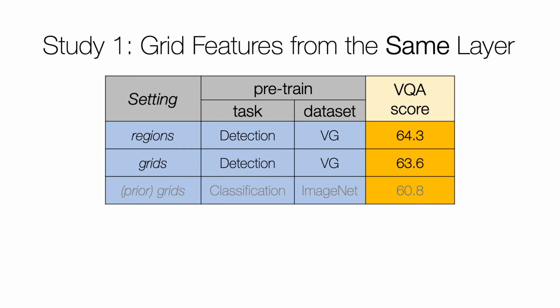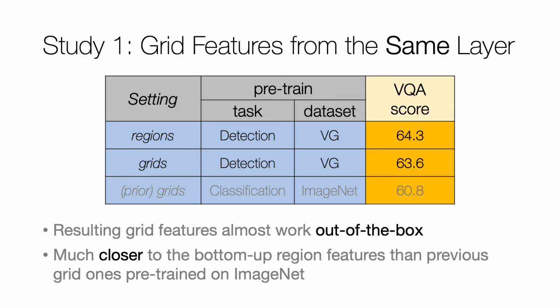We can see that the resulting grid features are almost working out of the box, given a VQA score much closer to bottom-up region features than prior grid ones. This is our first evidence that grid features have the hope to work as well as regions.